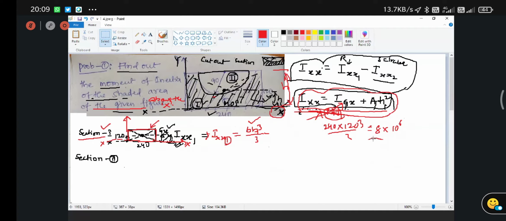So I'm going to see here. First of all, I will find the moment of inertia about the central axis. Central axis Igx.